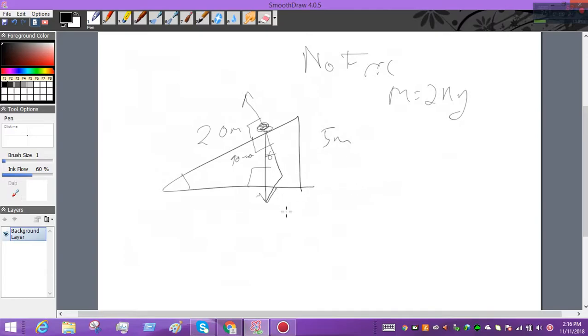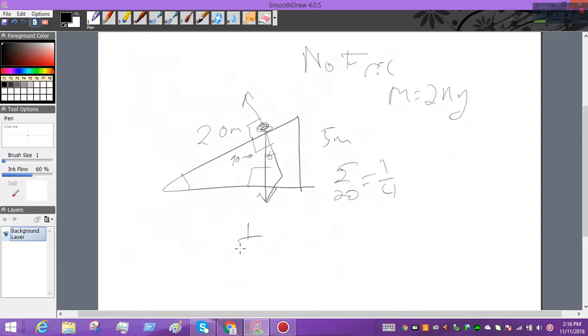So from there, we can say that the sine of theta, opposite over hypotenuse, so the component going parallel with this plane, will be equal to our net gravitational force going down the plane. We can rewrite that as the sine of this angle, which is 5 over 20, equals 1 over 4.